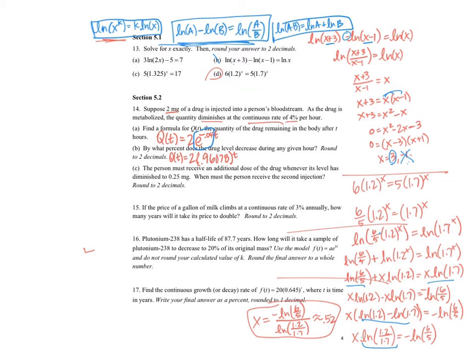So this is equal to 2 times 1 minus 0.0392 to the t. If I look at this part, it's diminishing by 3.92% per hour.